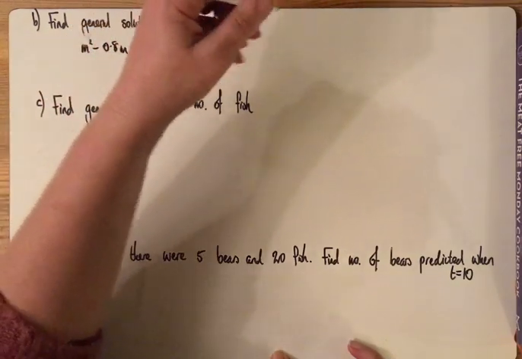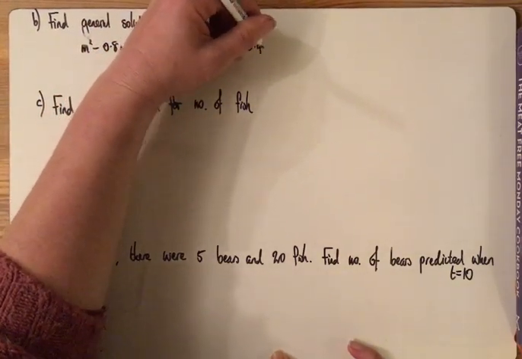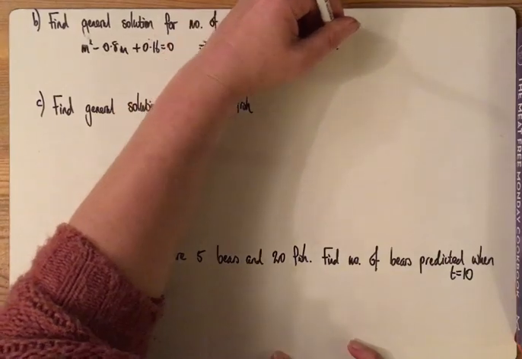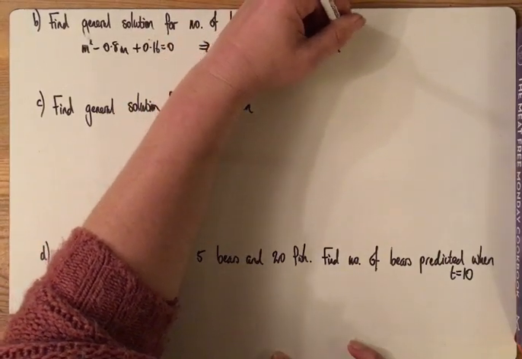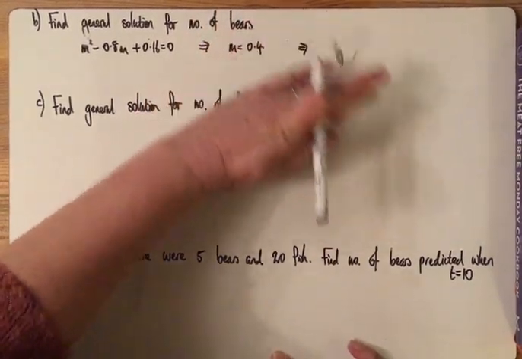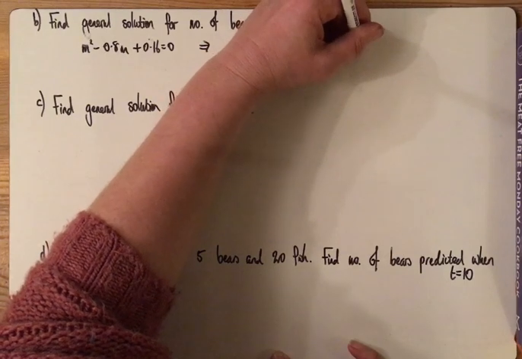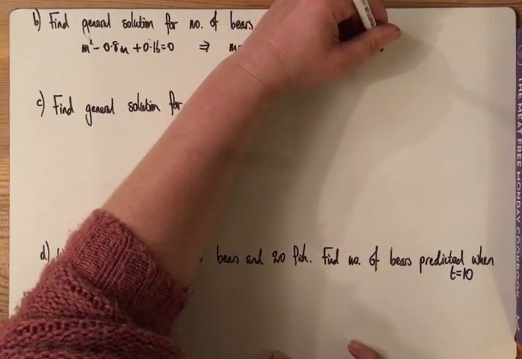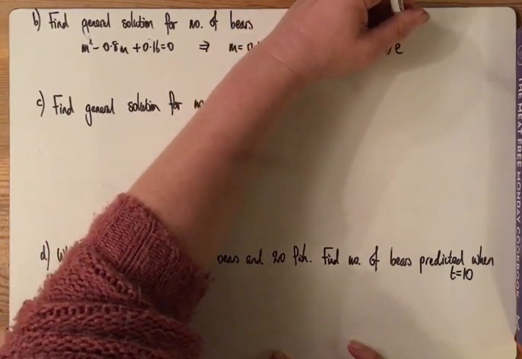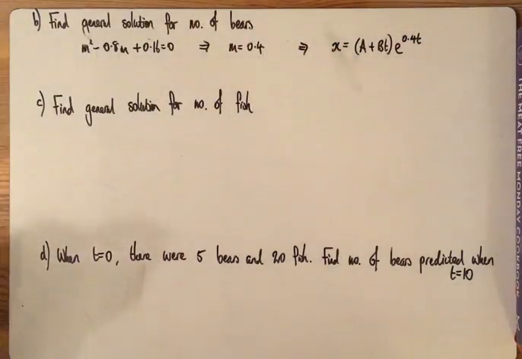Pop that into your calculator and you get a repeated root at 0.4. And from there, it's just the general form, so x is equal to a plus bt, e to the 0.4t. We've done a lot of that, so you should be quite happy with that.